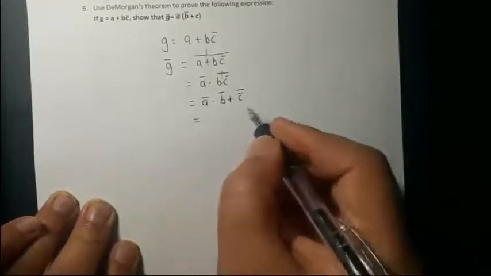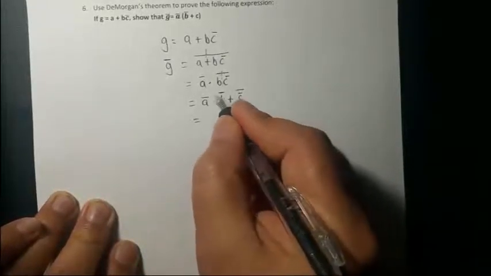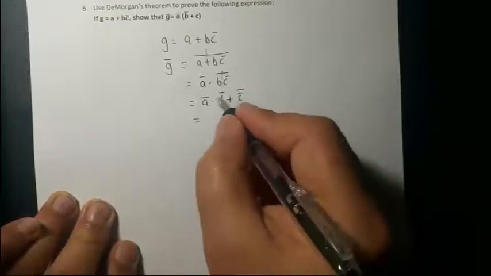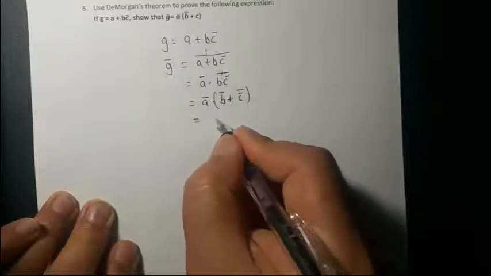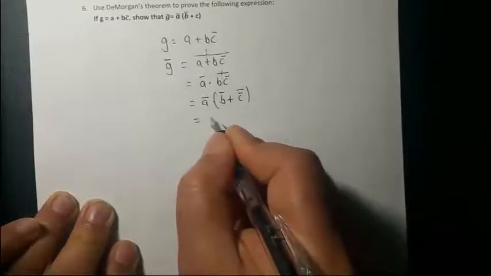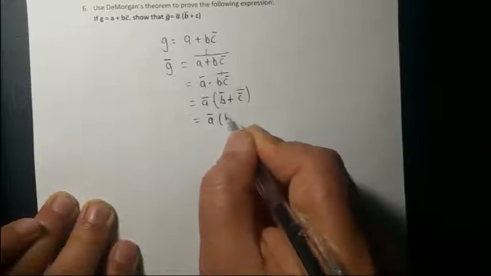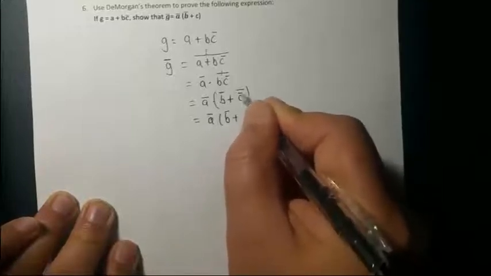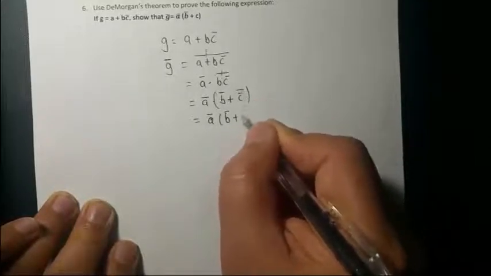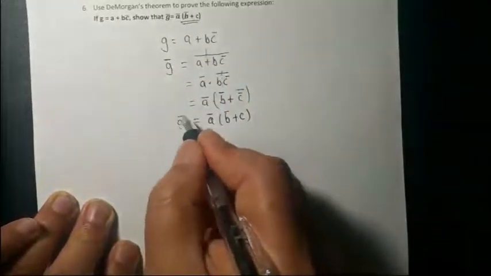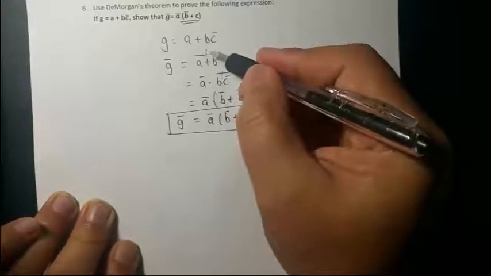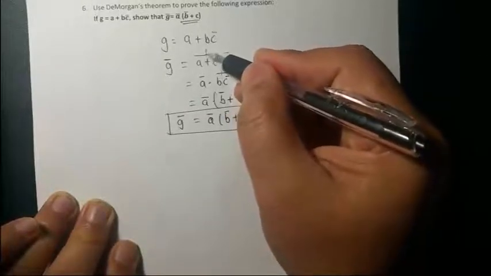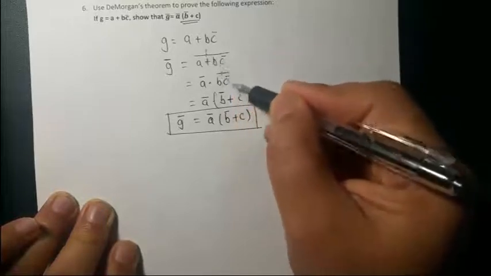So that's going to be A prime B prime plus, and it has a double complement, C prime prime, so that's just C, and that's what we're going to prove. So we have just used De Morgan's theorem two times. One is breaking here, one is breaking here.